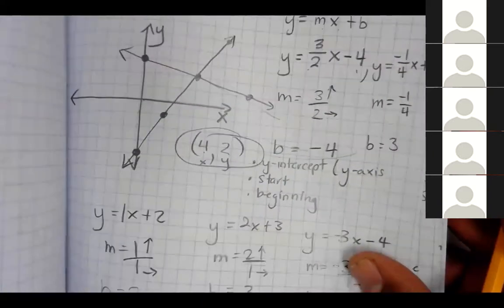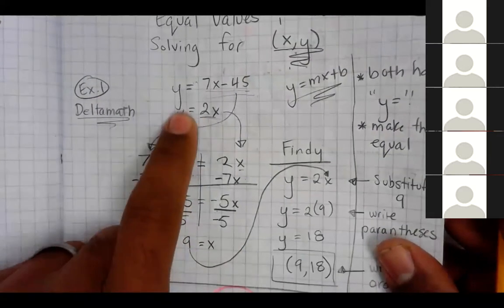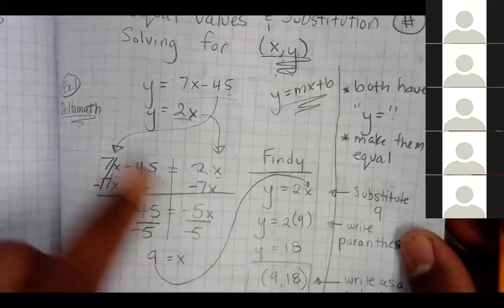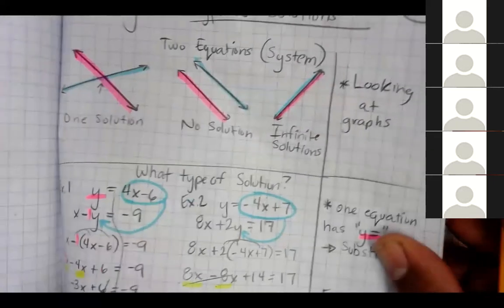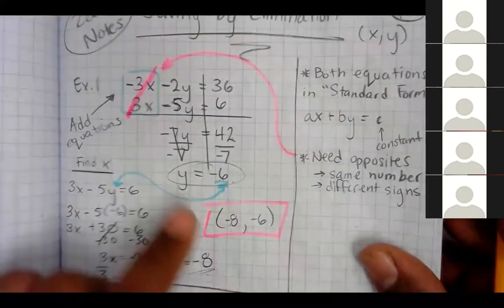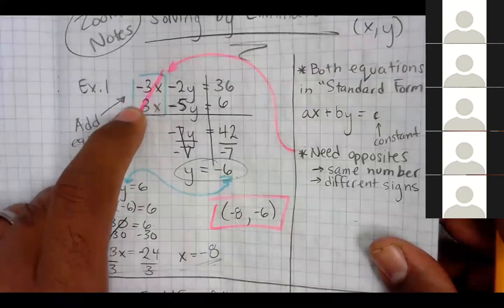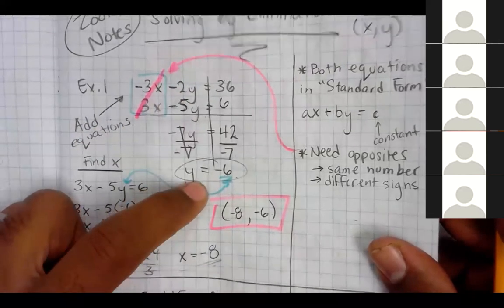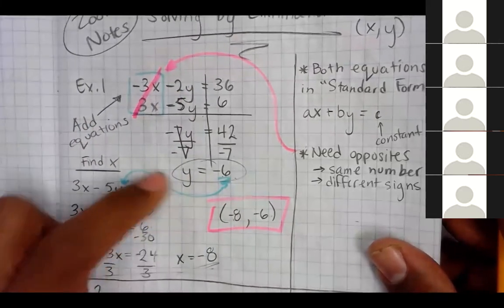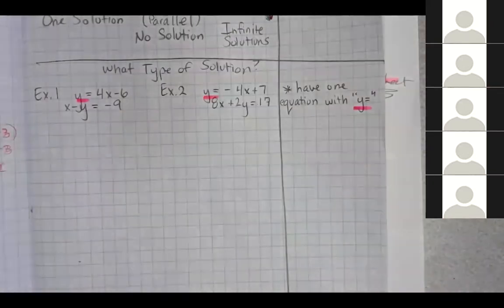Okay, and then we had the other situation, which was equal values, where we had both y equals, and we just made them equal. The third one was elimination, where we needed opposites. We needed the opposites to cancel out a variable and solve for the first x or y solution. Okay, so we have substitution in this case.